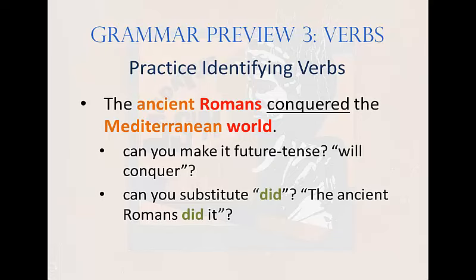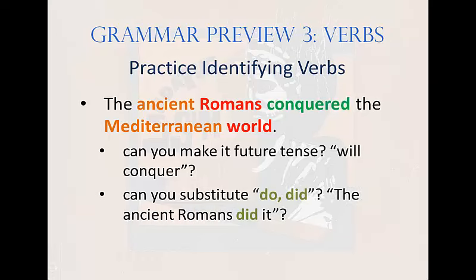So in place of the ancient Romans conquered, can you say the ancient Romans did it? Sure, as long as you're in a context where it's clear that did means conquered, not ate celery or something. So, conquered is a verb. Let's tint it green and try another sentence.